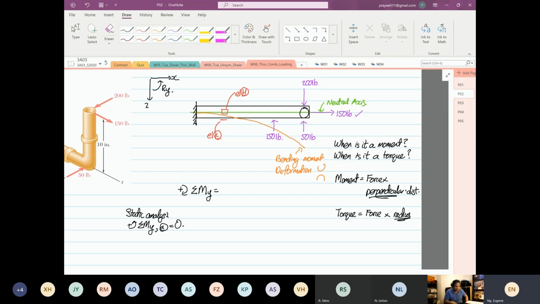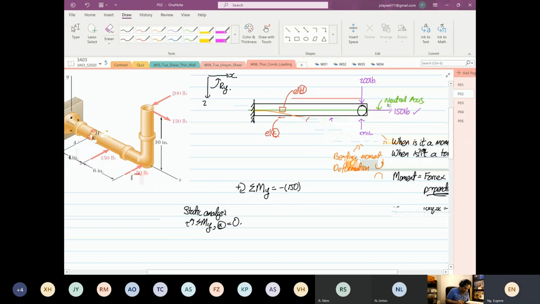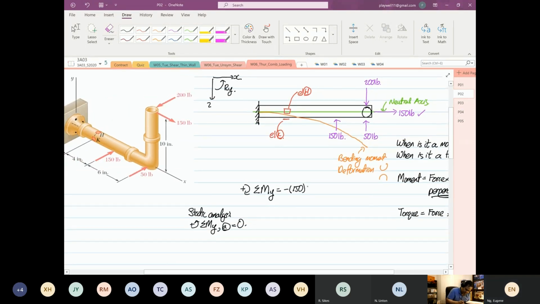Are we clear? Okay. So when that's the case, the 150 will be minus 150 multiplied by a distance 4. Sorry, what do you mean by minus? Because I'm assuming anything that is anti-clockwise is minus. Because this 150 will generate anti-clockwise, and I say clockwise is positive.